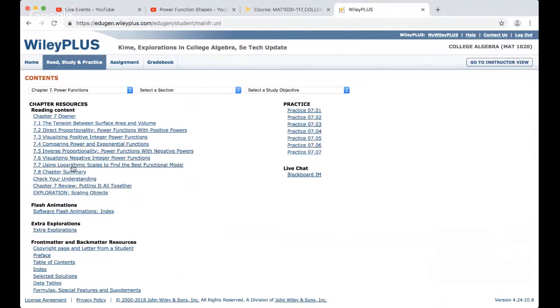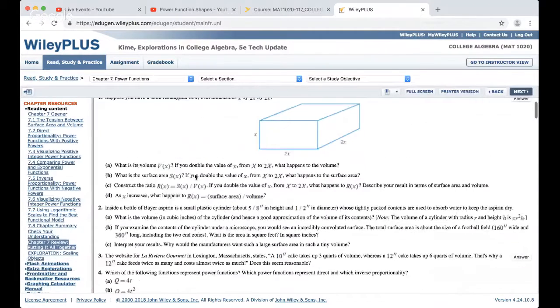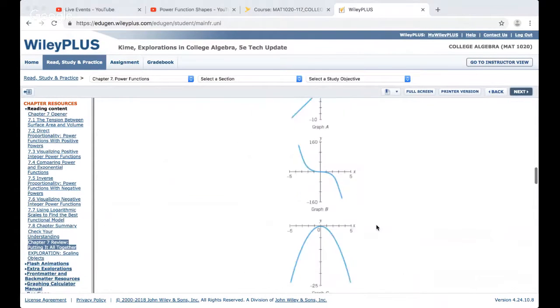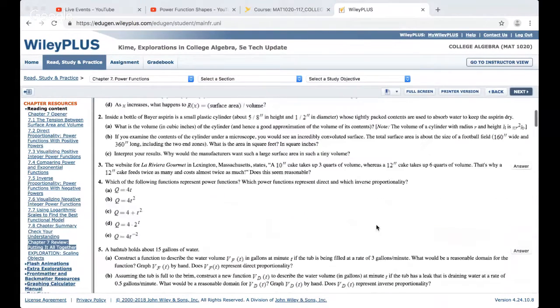There it is. What I do is I jump straight here and just quiz yourself, right? You can look at the answer for most of these. So just pick them at random, run with them. It's all right here in the chapter review.